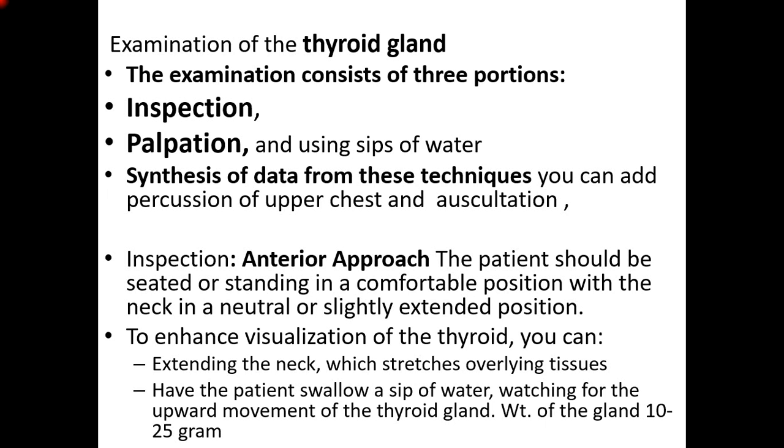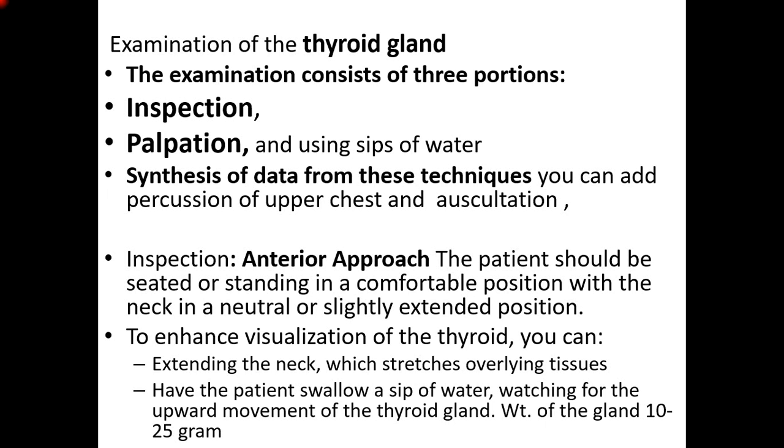Then you have to inspect the thyroid gland, and for both inspection and palpation you may need sips of water, and you notice the movement of the thyroid gland during deglutition, or swallowing. Inspection of the thyroid gland by anterior approach: the patient should be seated or standing and comfortable, with the neck in a neutral or slightly extended position.